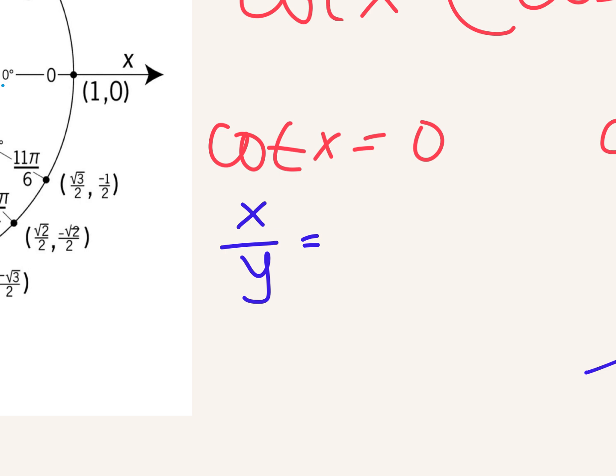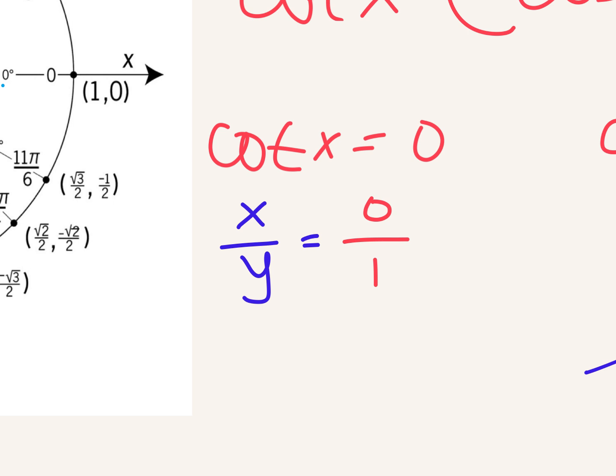On the top. What happens if it's on the bottom? Becomes undefined. So you're looking on the unit circle for where your x value is what? 0. What would your y value be? 1. At any of the other ones, guys, if it's 1/2 or square root of 3 over 2, you're not going to get 0 as an answer. It's got to be one of the quadrant angles.